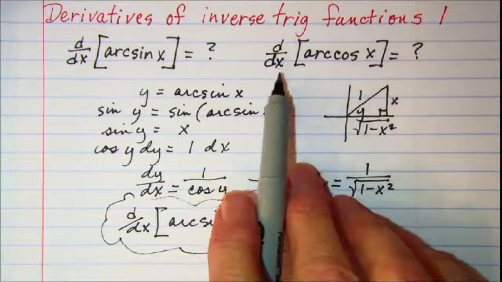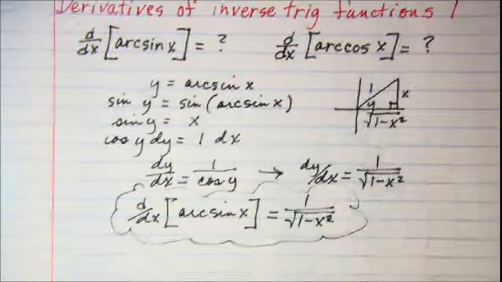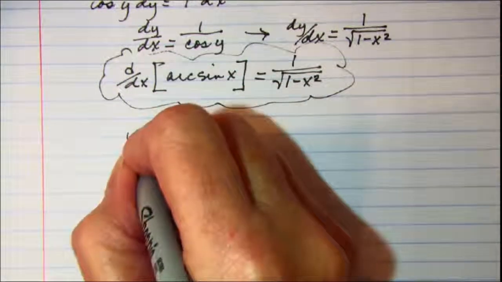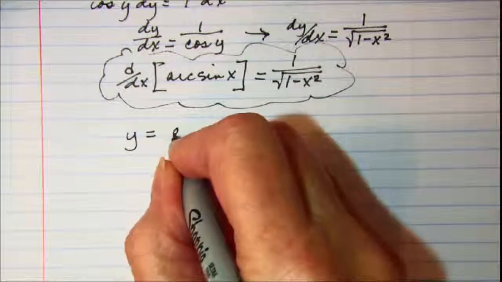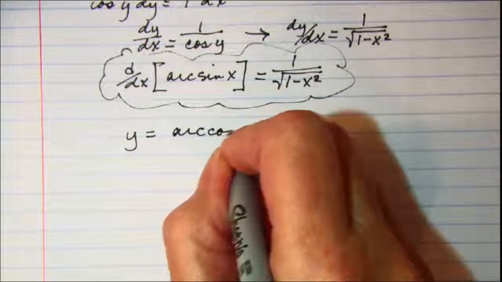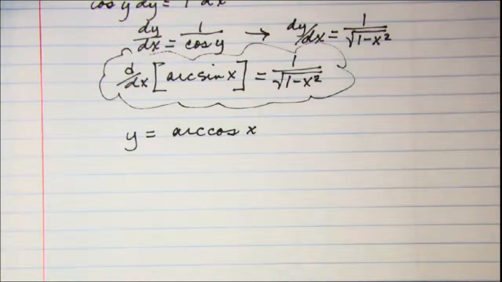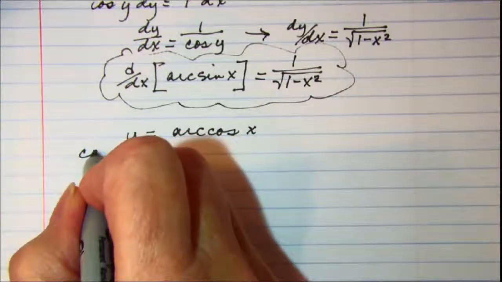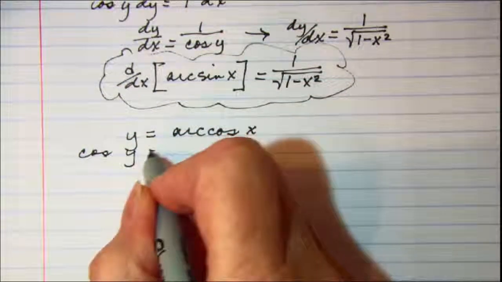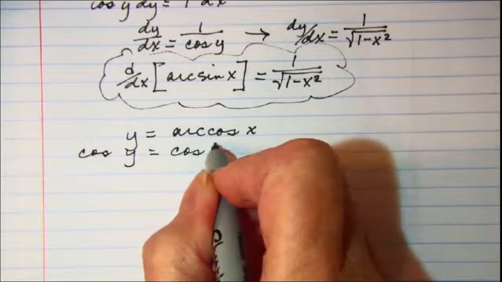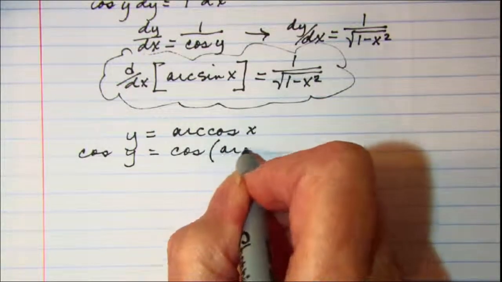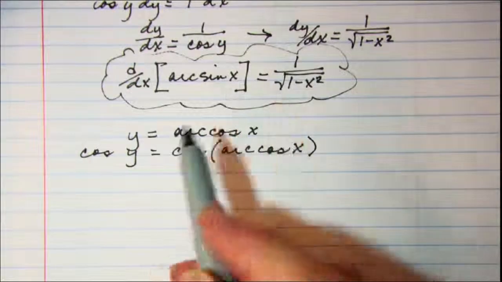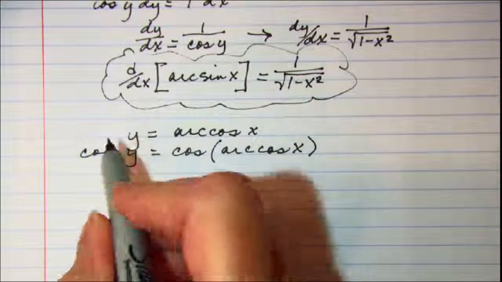Now let's find the derivative of arccosine x. Again, we'll let y equal arccosine x and take the cosine of both sides. Let's simplify this over here first.